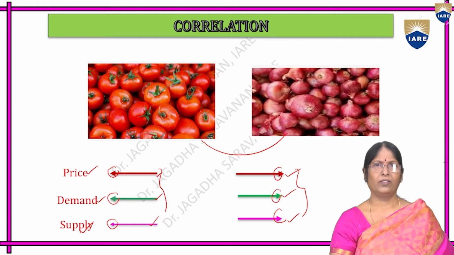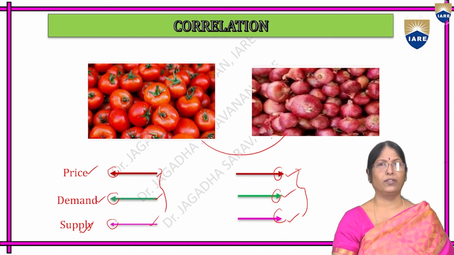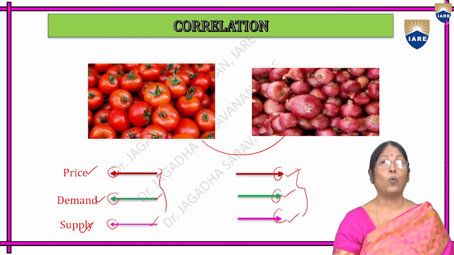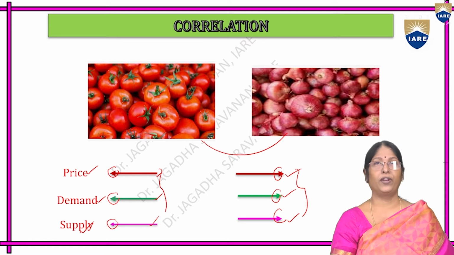Whether they are correlated, whether they are in the same direction or opposite direction, we are going to see. These pictures will help us understand more about the definition of correlation.